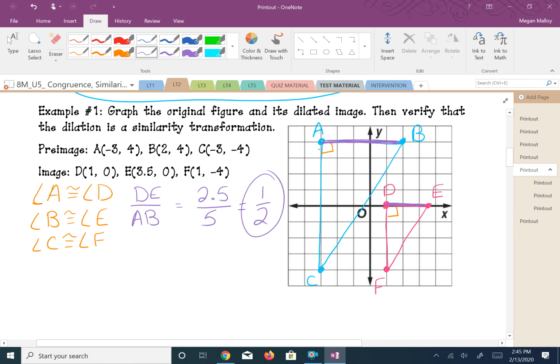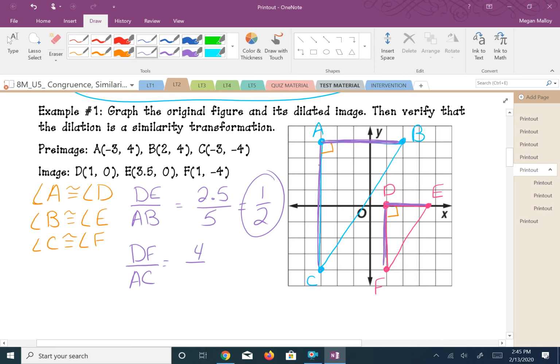So next I'm going to look at AC and DF. So again, my dilated image side is DF, and I would put that over my original, which is AC. And DF is 4 units.